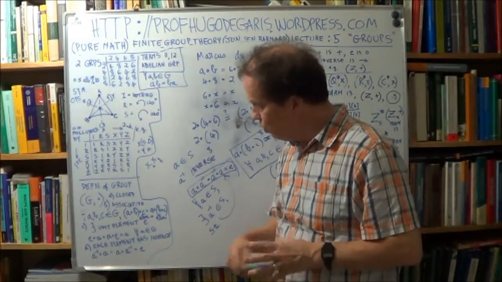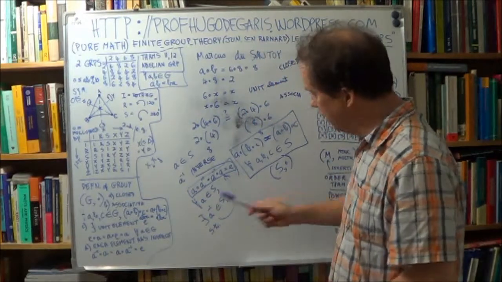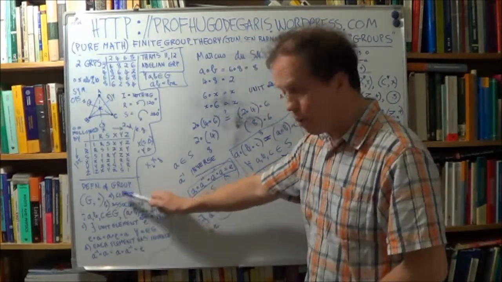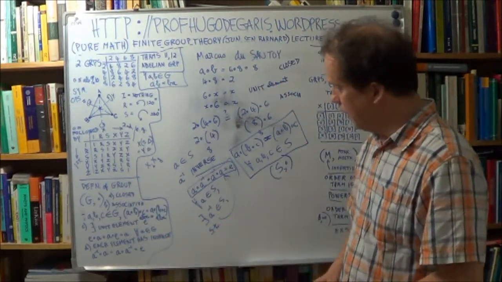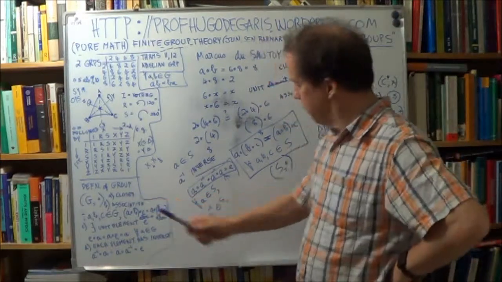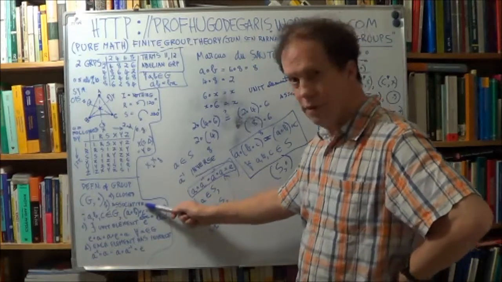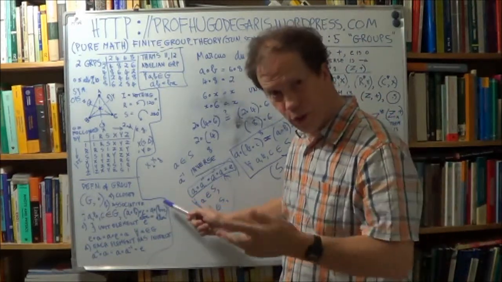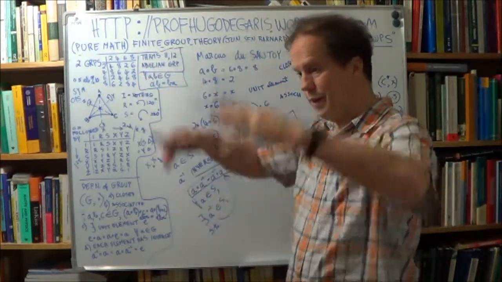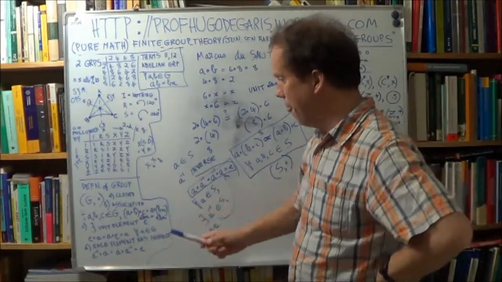Well, you have to test for all four of these properties. Okay? You have to test for closure, for associativity. That's the tedious one because there are so many possibilities. The combinatorics are pretty bad once the size of your group becomes large.